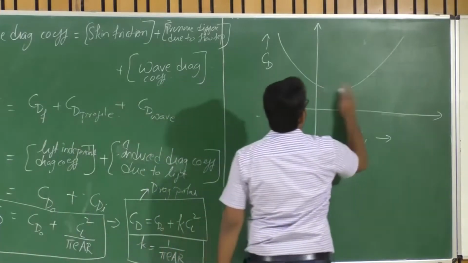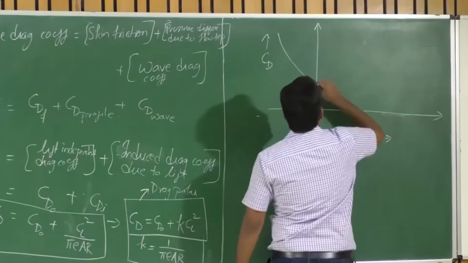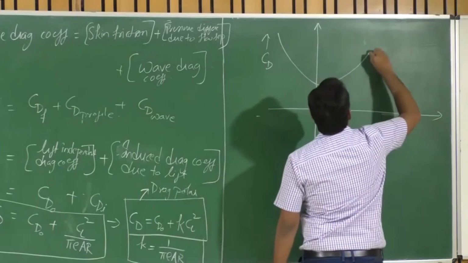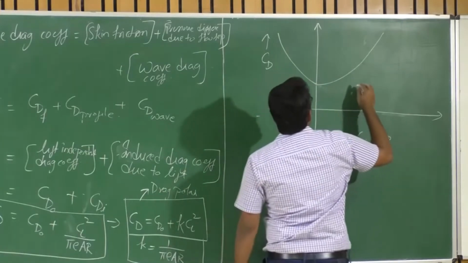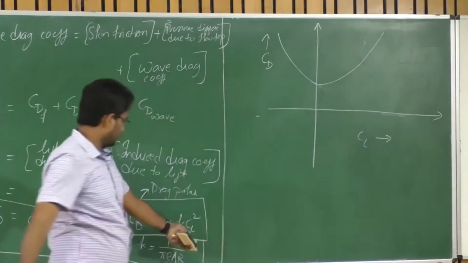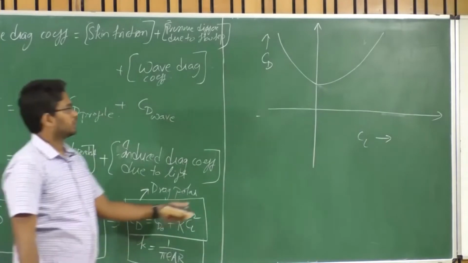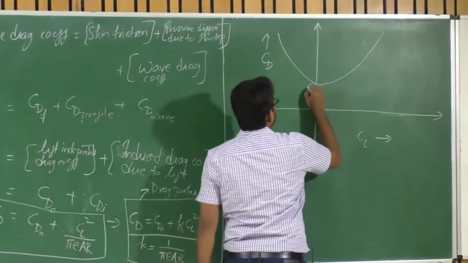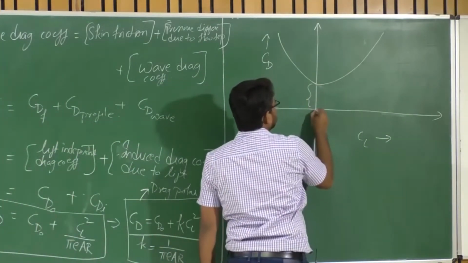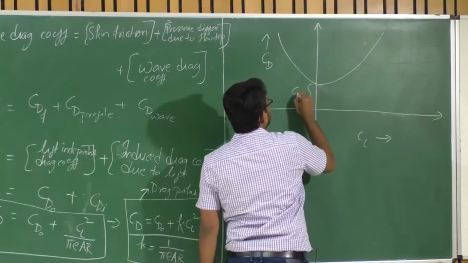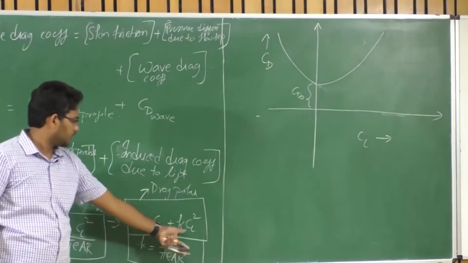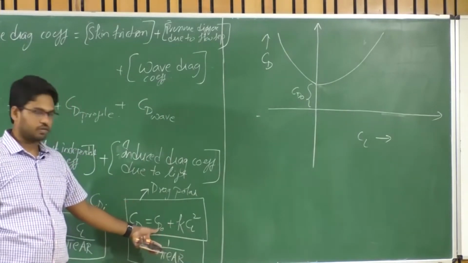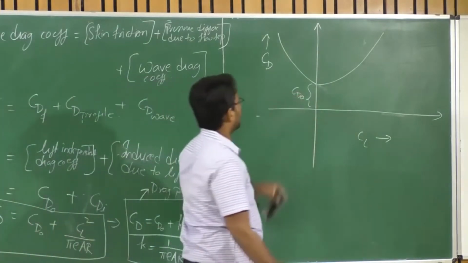So for example, let us consider this particular case. Right? So it's a parabolic variation, isn't it? It's a second order equation in terms of CL. So when CL is equal to 0, the corresponding CD is CD naught. Right? This is the lift independent drag coefficient. So this is the corresponding point.